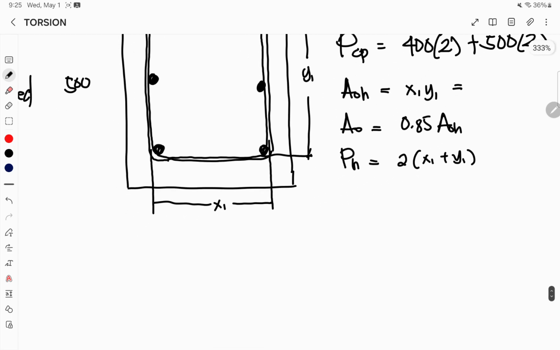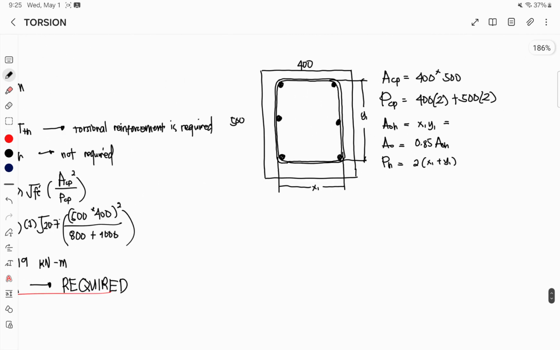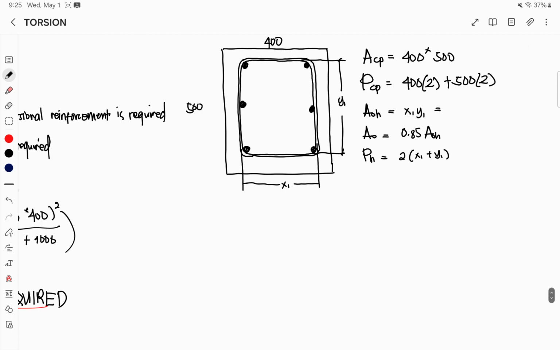let's take the corners one by one. The problem says the concrete cover is 40 mm. This cover extends to the face of the stirrup, while we measure at the center. The diameter of the hoops, or stirrups, is 12.